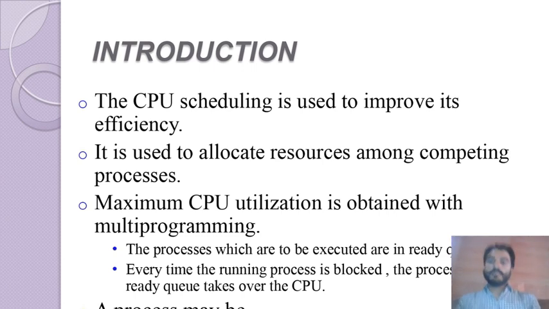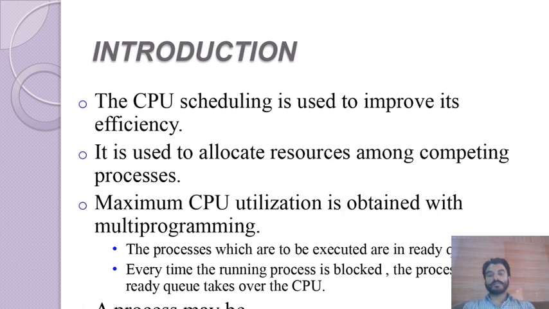These algorithms decide which process has to share a particular resource at a particular time. That means CPU utilization is maximized through multiprogramming. As we already know, multiprogramming means multiple programs reside in main memory.